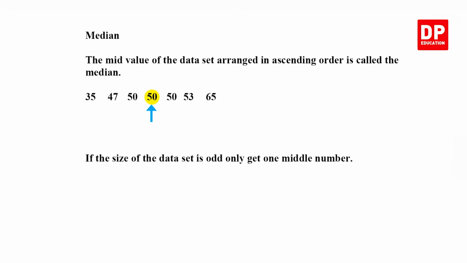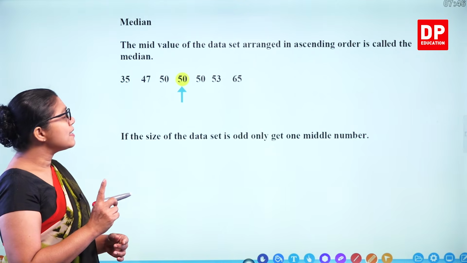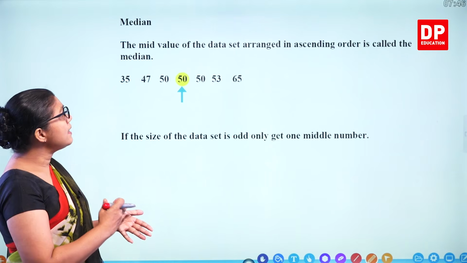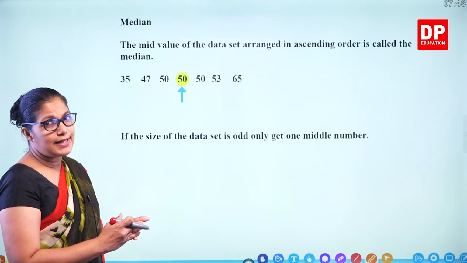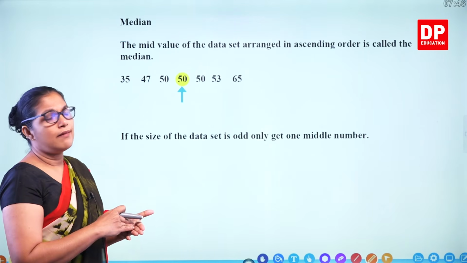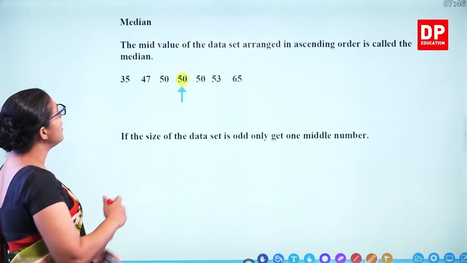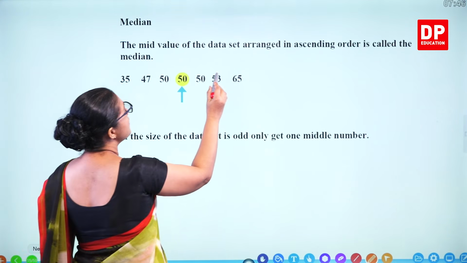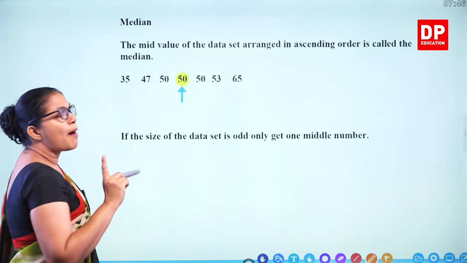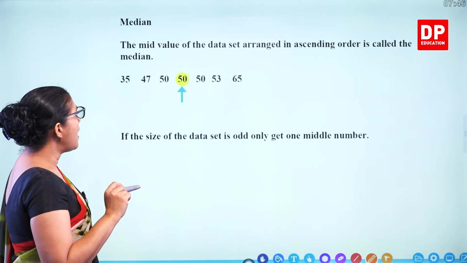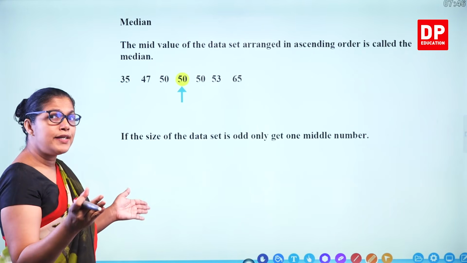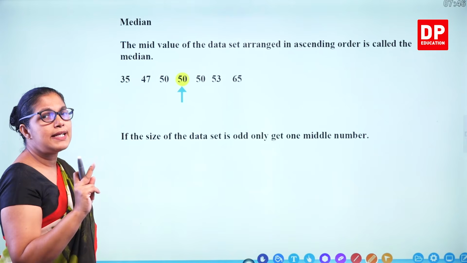Now we'll look at what is median. When you arrange the data set in increasing order, the middle value is called the median. Now take a look at this one: 1, 2, 3, 4, 5, 6, 7. An odd number of data points. So when you have an odd number, you get one middle number.